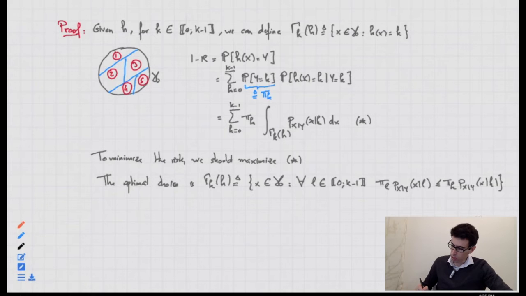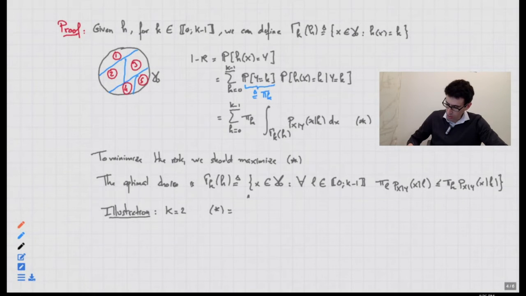Let's look at the expression star just in the context of two labels. So I'm going to assume only that k is equal to 2 here, in which case star takes a very simple form.